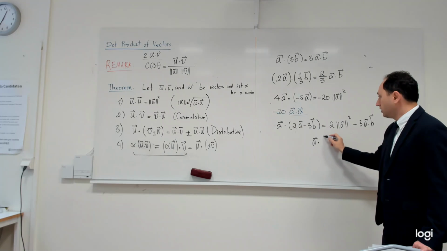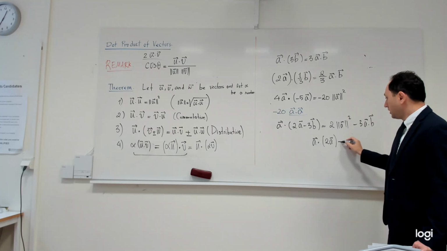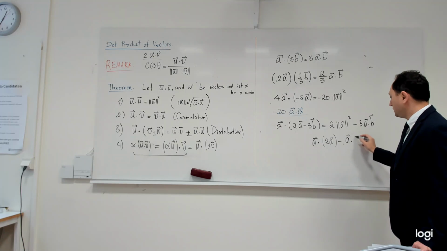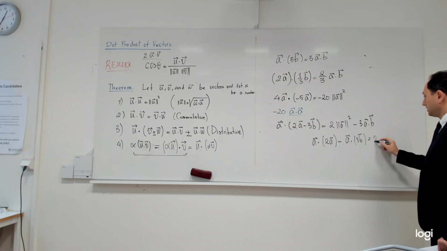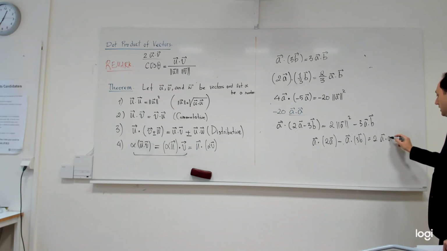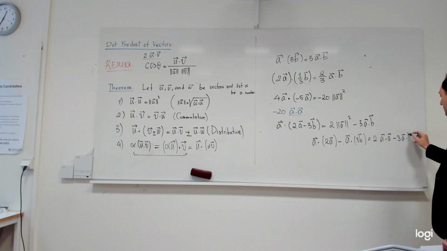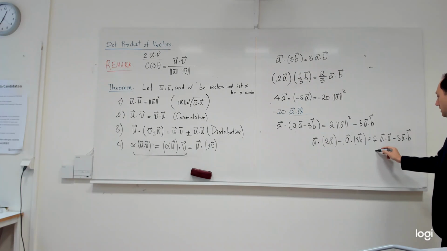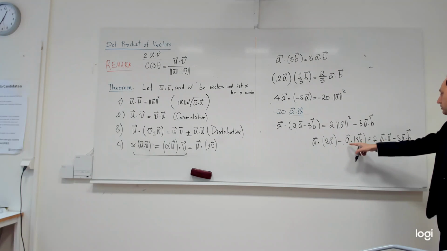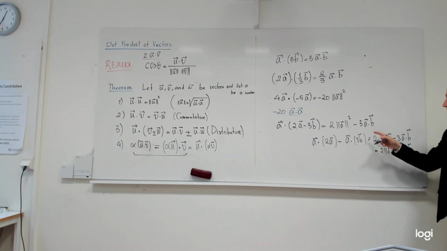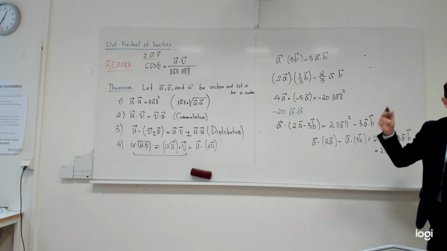I would write A dot 2A minus A dot 3B. And then this is floating around, so I can pull it out, then it becomes A dot A. Then this 3 I can pull it out, it becomes minus 3A dot B. But instead of A dot A, it is better to write the norm of A squared, and then minus 3A dot B. I don't want you to go through these steps. I want you to be able to immediately write that, but I want you to understand it.